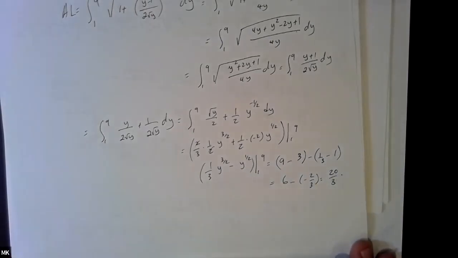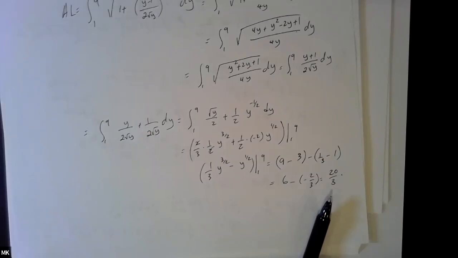So remember, arc length has to always be positive because it's the length. One sign that maybe you did something wrong: if you get a positive number, it doesn't mean you did everything correctly, so you have to check your work and go back and look through it. But if you do get a negative, for sure you did something wrong.